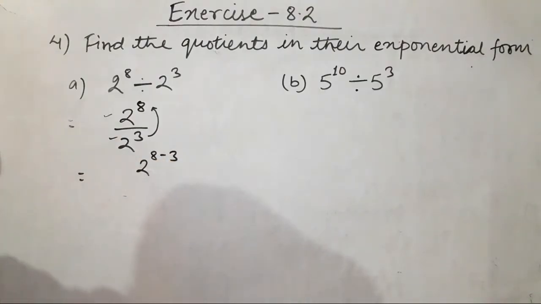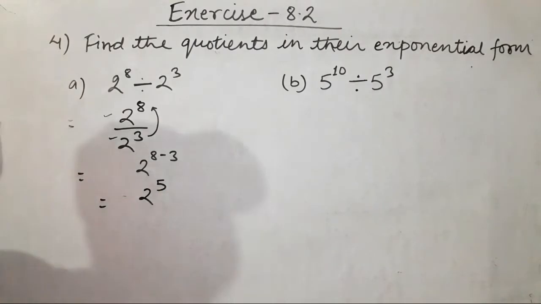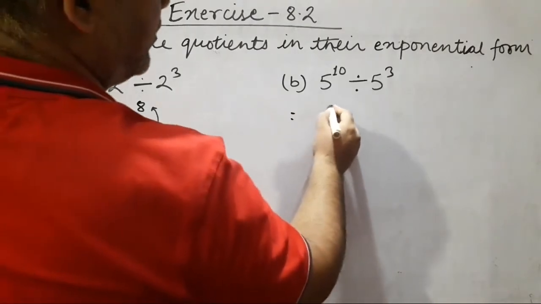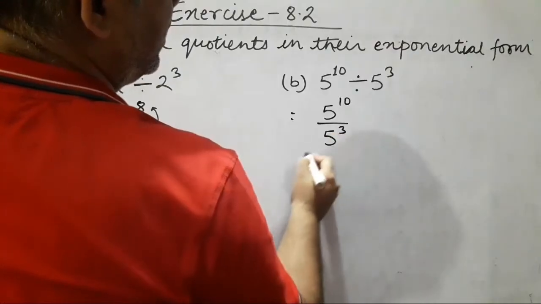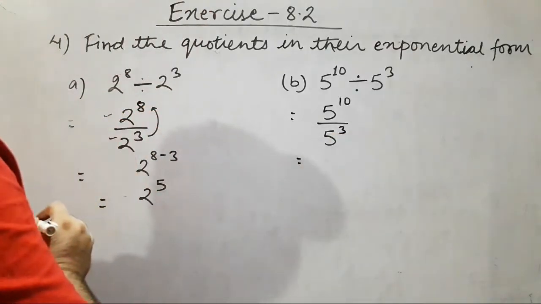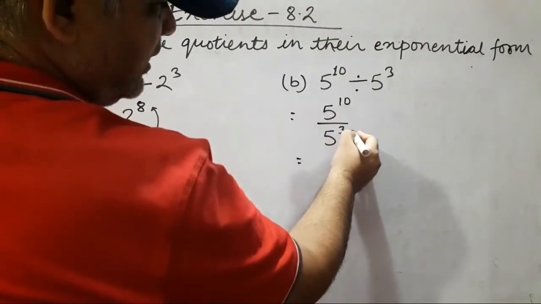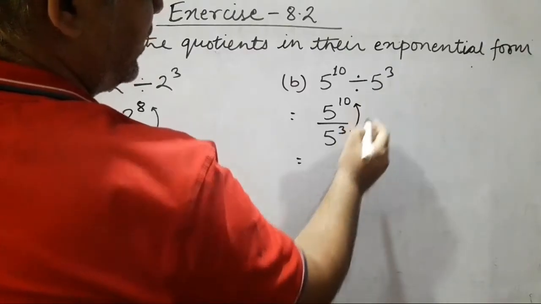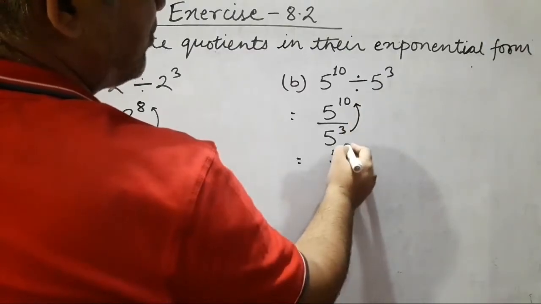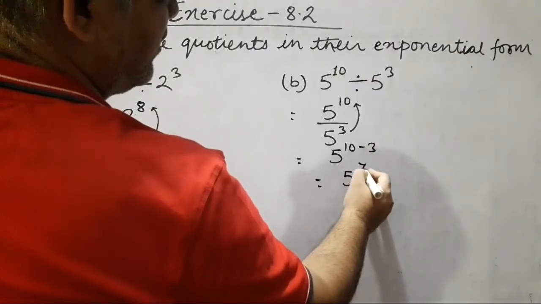Remember the quotient law of indices, we shall apply that law here. So 2 power 5. Now the next question, 5 power 10 by 5 power 3. Here also apply the quotient law of indices. 5 power 10, 5 power 3, power 3 is less, so this power 3 shall be subtracted from the power 10. So we can write it as 5 power 10 minus 3. So 5 power 7.